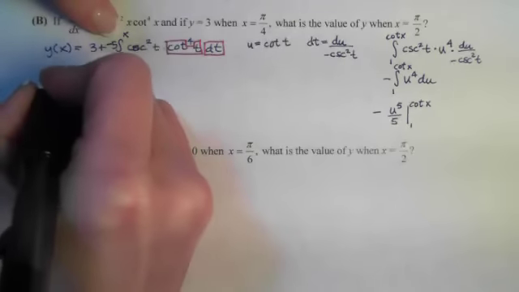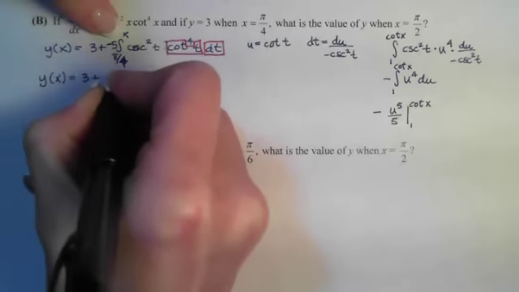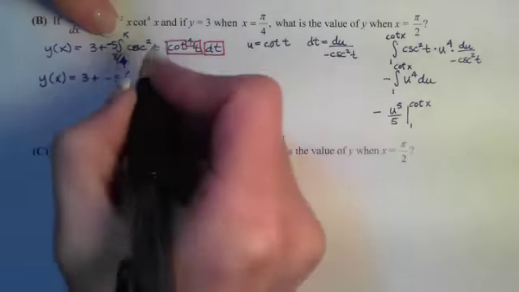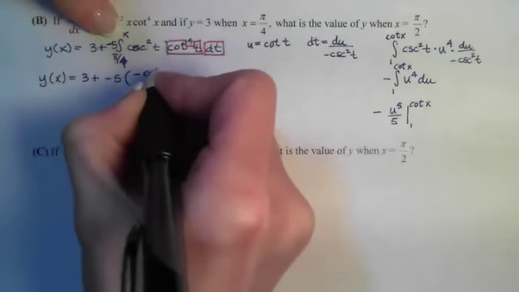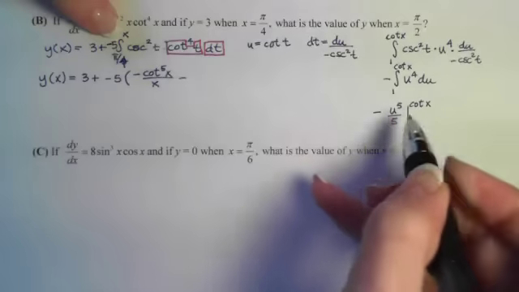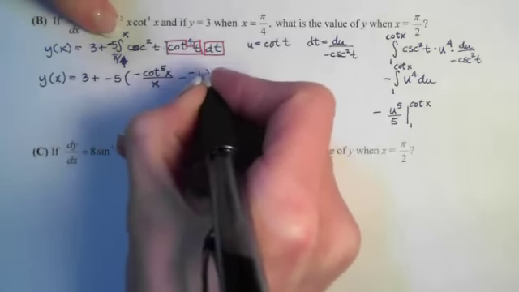So let's come back over here and do that. We have a 3 plus a negative 5 times this with the cotangent plugged in minus this with the 1 plugged in. So that'd be minus a negative 1/5.